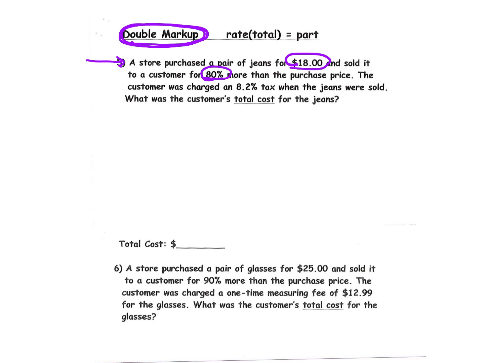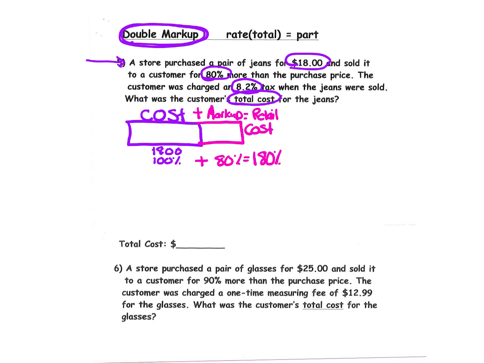The customer was charged a tax rate of 8.2% when the jeans were sold. So tax will be our second markup. What was the customer's total cost for the jeans? Let's start with our first tape diagram and add on the markup for profit.